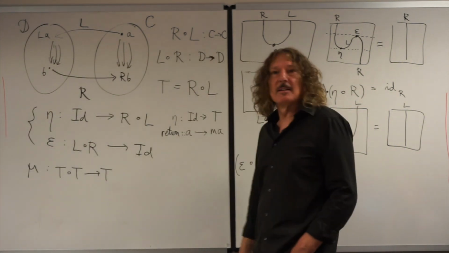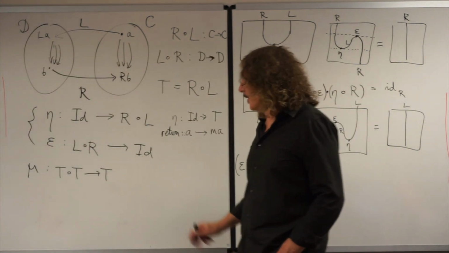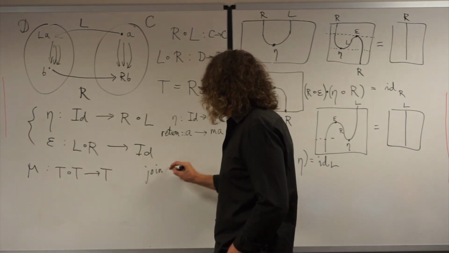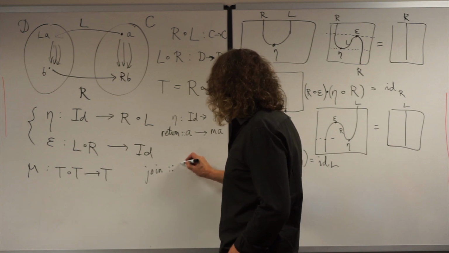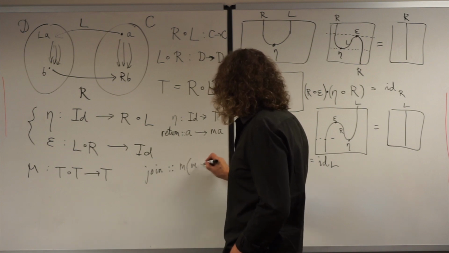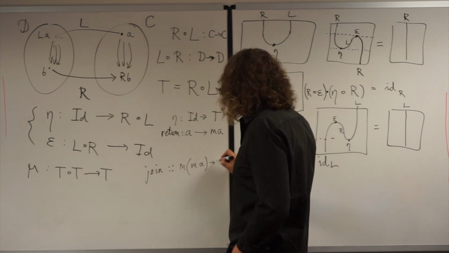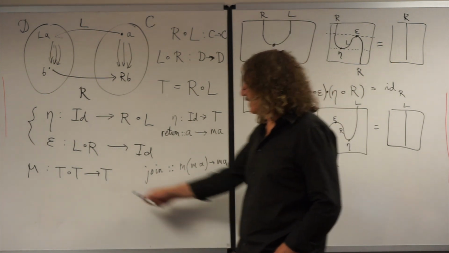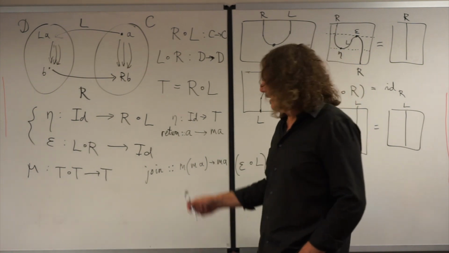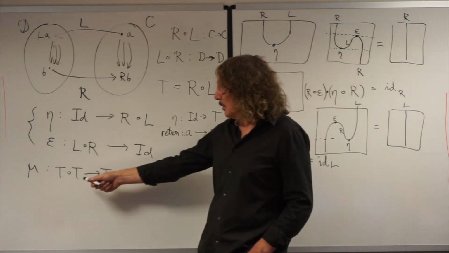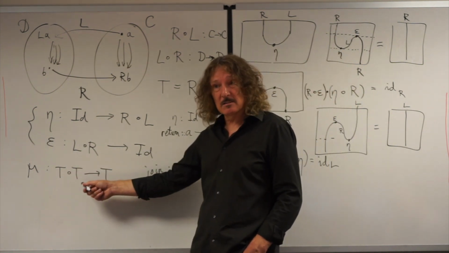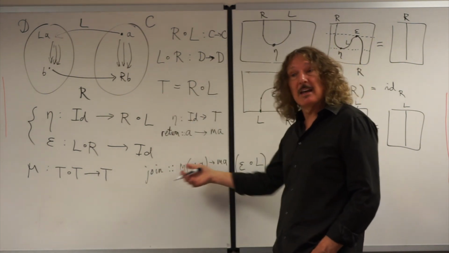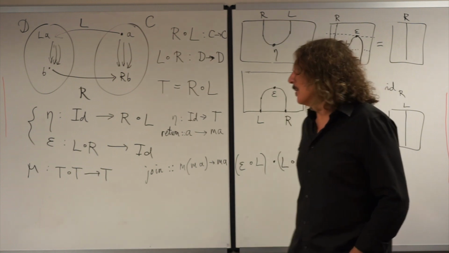T squared to T, or join in Haskell goes from M of MA to MA, right? So we replace T with M. And this is a component of mu. Mu is a natural transformation, so it's a polymorphic function, and its component at A is this.